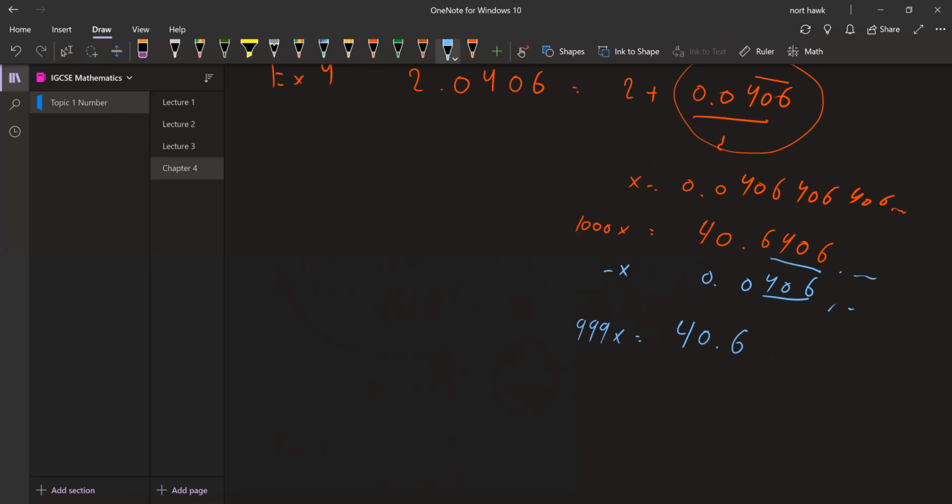Times both sides by 10 again to make it into an integer, so it'll be 9990x equals 406, and x is equal to 406 divided by 9990. And that would conclude decimal conversion for recurring decimals.